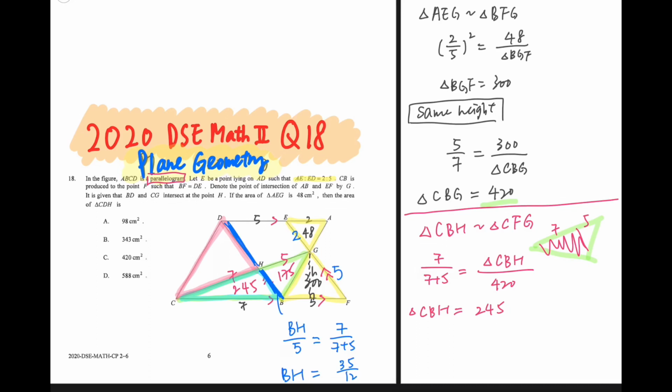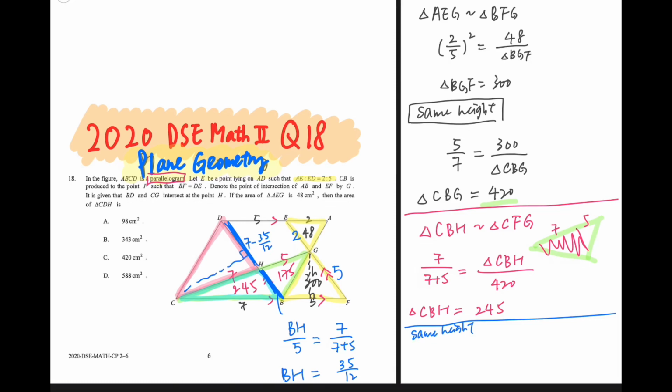For the final part, the red triangle to the blue triangle, you can easily find out here will be 7 because the entire length here will be 7, right? So we can find 7 minus 35 over 12, that would be the base as well. So final one, the same height problem one more time. Same height, here basically will be the height.